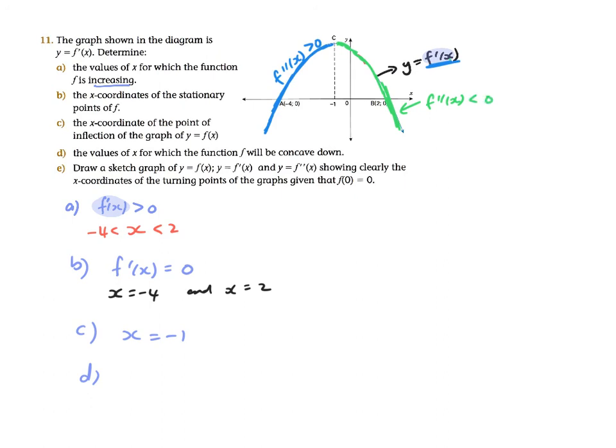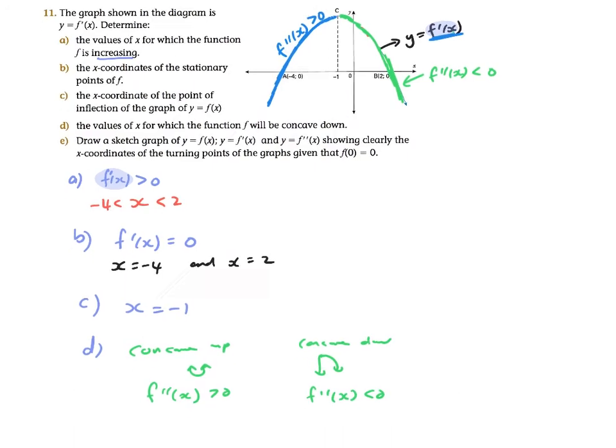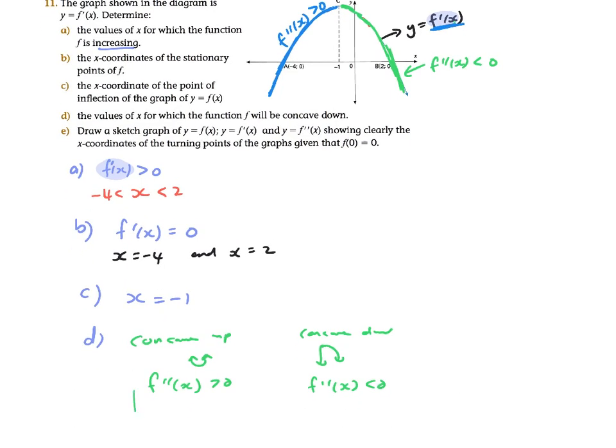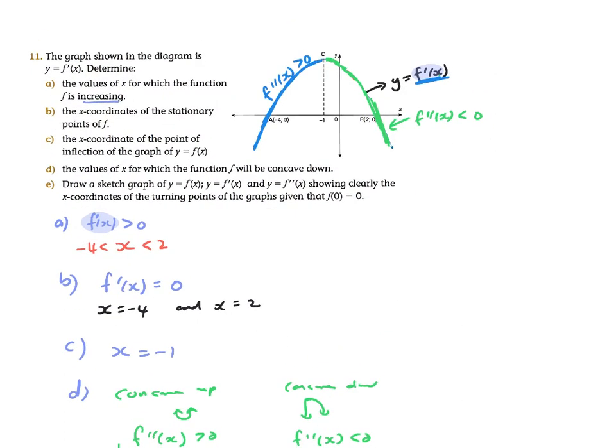And what does that mean? Remember, concave upwards looks like a cup, and that means the second derivative is greater than 0. Concave down looks like that, and then the second derivative is negative. Where is my second derivative negative?